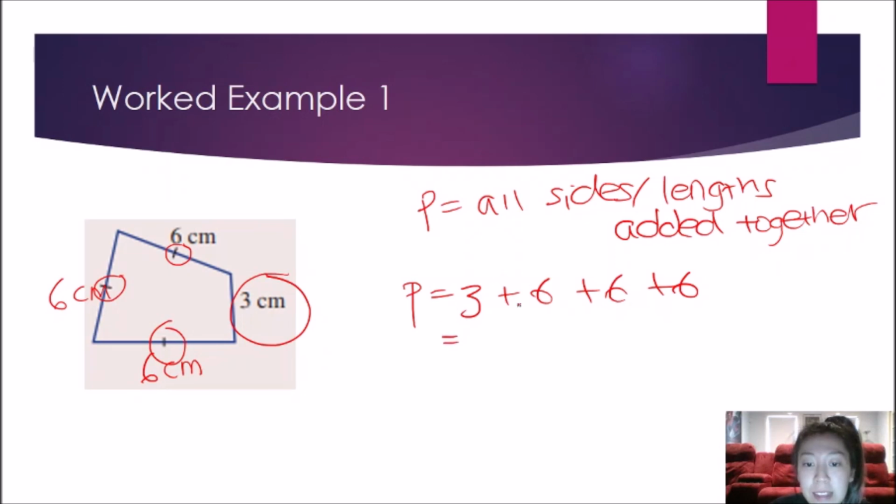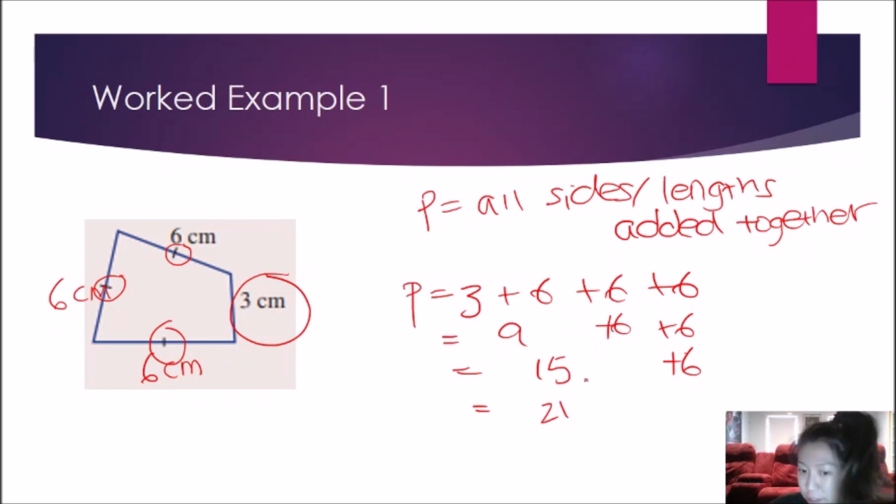So 3 plus 6 is 9, then 9 plus 6 is 15, plus 6 again, which equals 21. Now that is not the final answer.